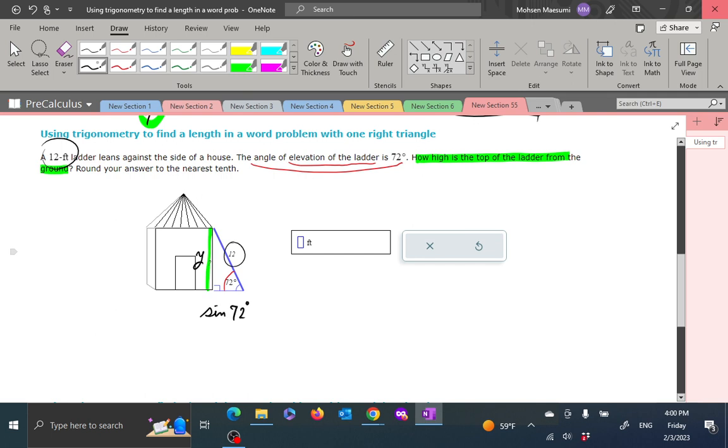Sine of an angle is a ratio of its opposite to hypotenuse. So I multiply by 12, I get 12 sine of 72 degrees. So 12 sine of 72 degrees you find on a calculator, and then you get to the nearest tenth.